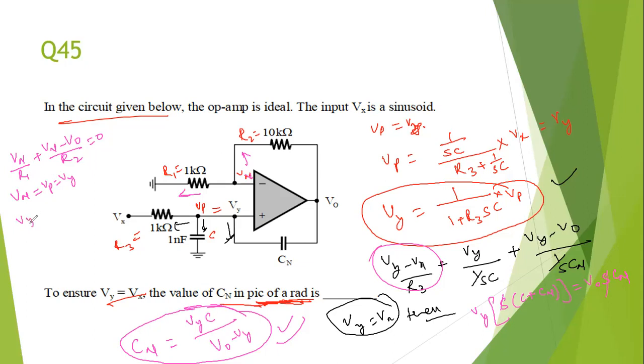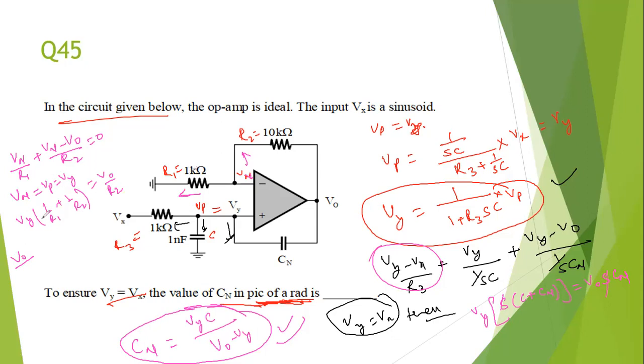Just put here Vy (1/R1 + 1/R2) is equal to V0 by R2. Total outgoing current equal to 0.